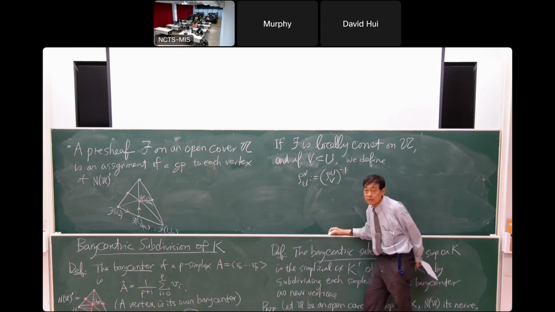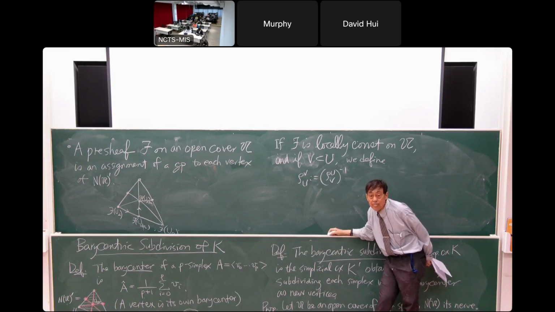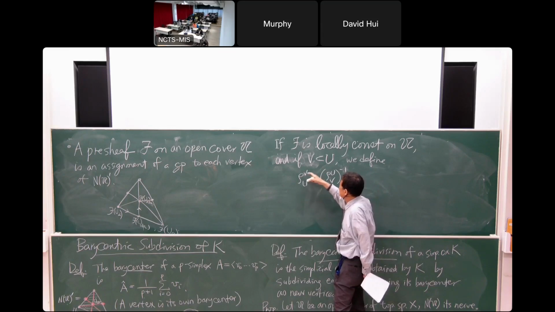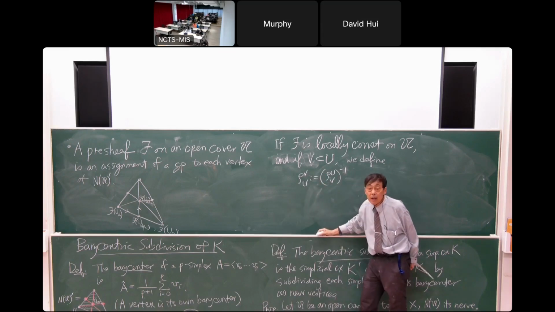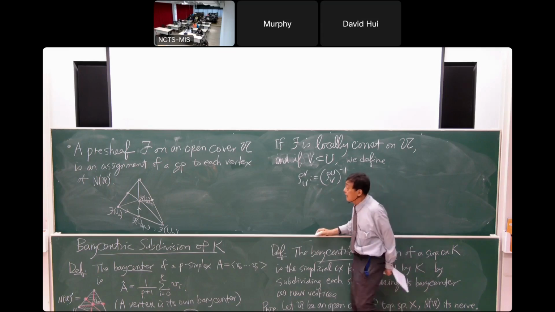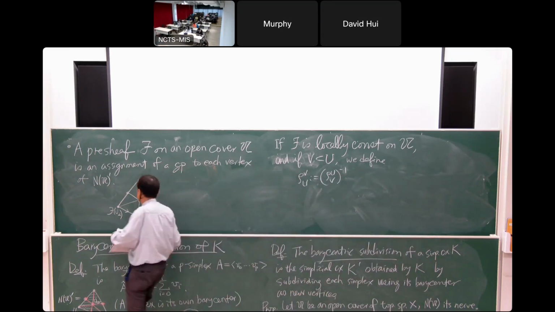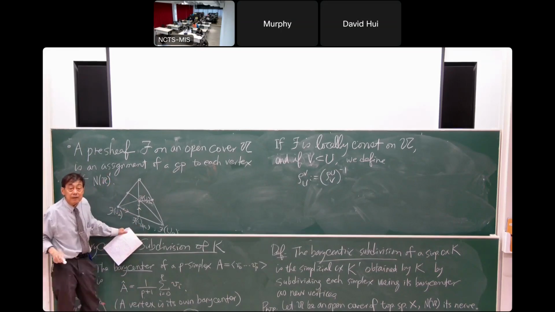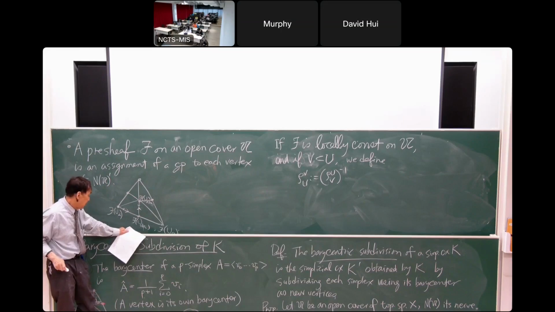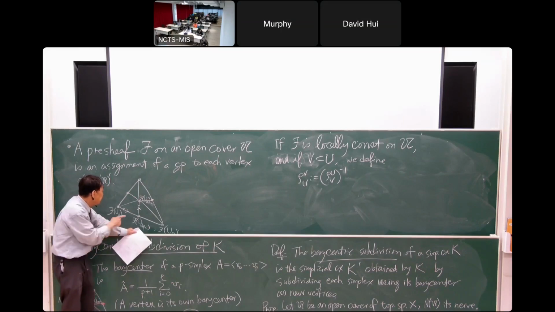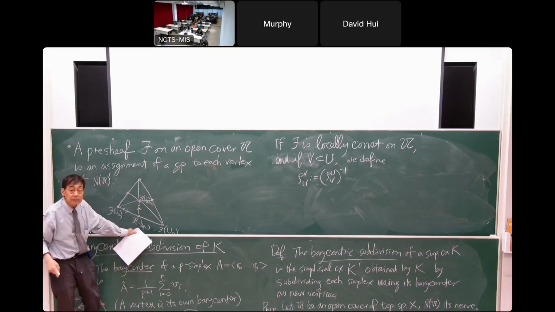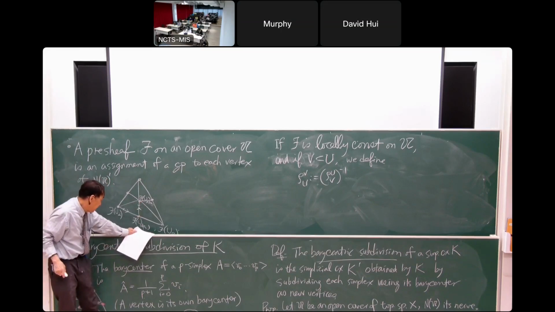So you can define rho of VU even though V is contained in U. What that means is that in this picture, the arrows can go both ways. So then you don't have to worry about whether one open set is a subset of another.